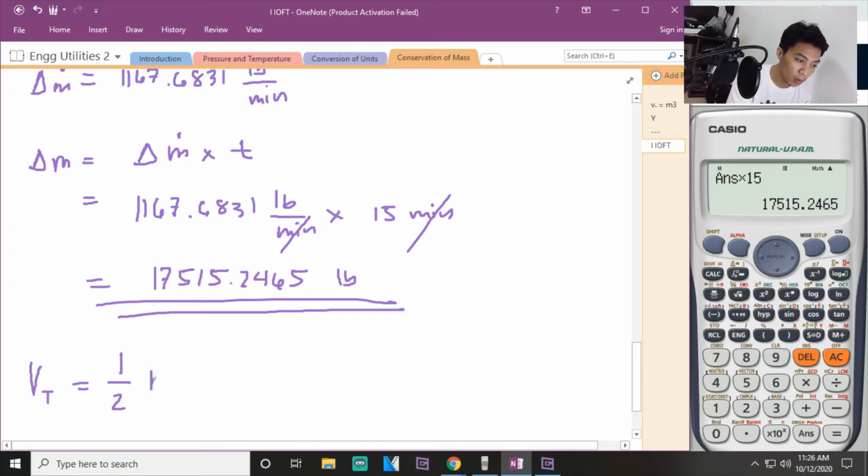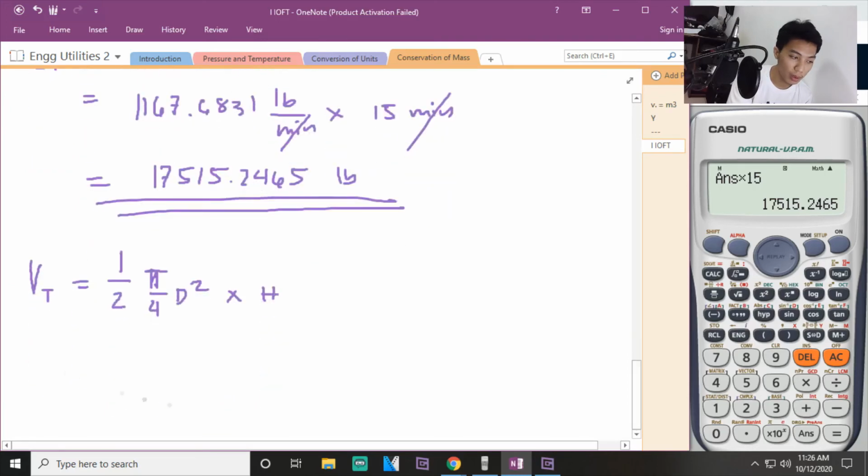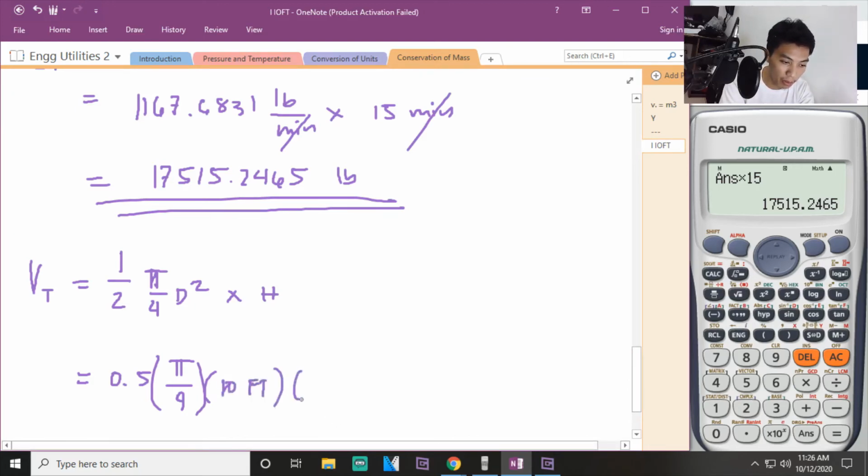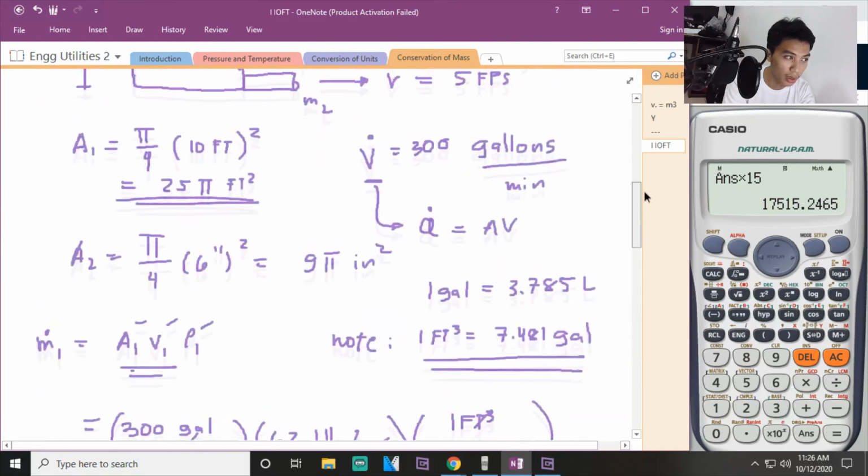Okay, 1/2. Ano ba yan? Cylindrical. So, pi over 4, d squared times height. So, 1/2. Gawin na natin 0.5 times pi over 4. Ano yung d squared dyan? Ano yung d? That is 10 feet. Tapos, the height will be 15 feet kung di ako nagkaamali. Squared. Okay, check natin sa drawing.